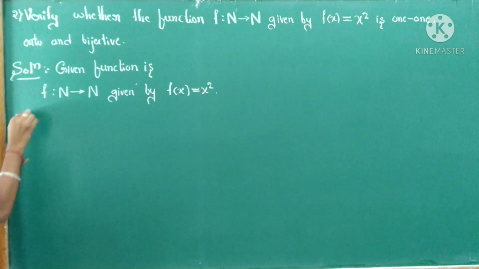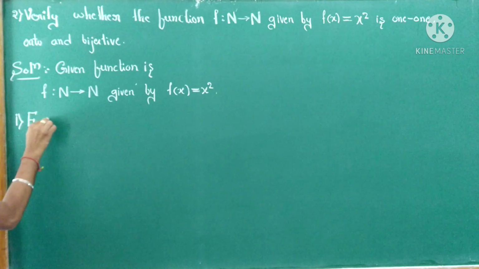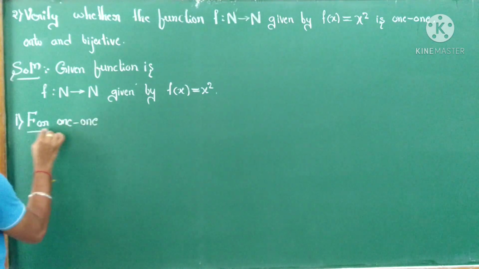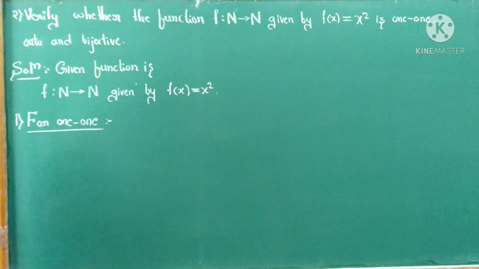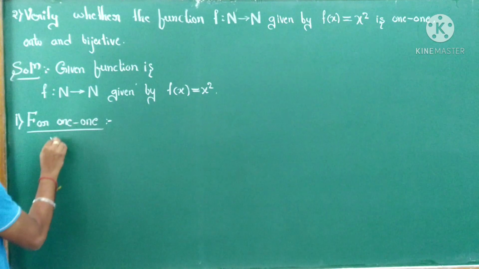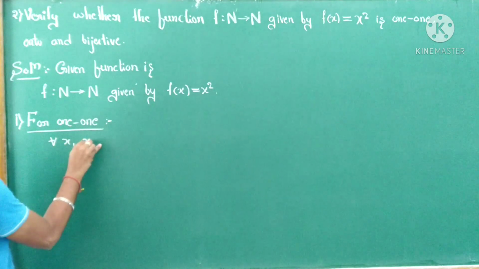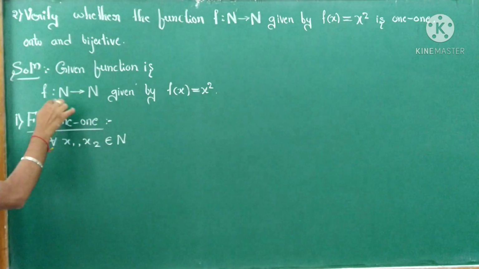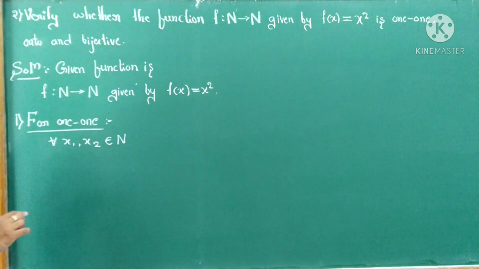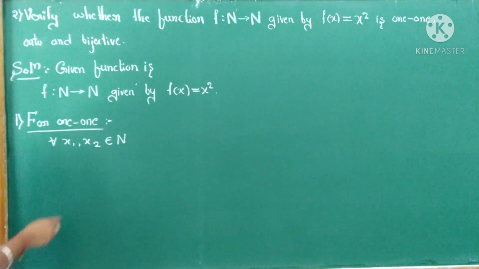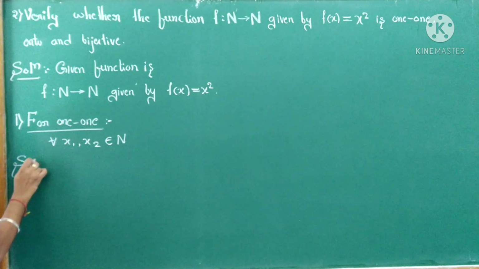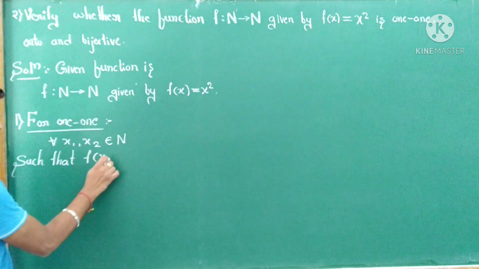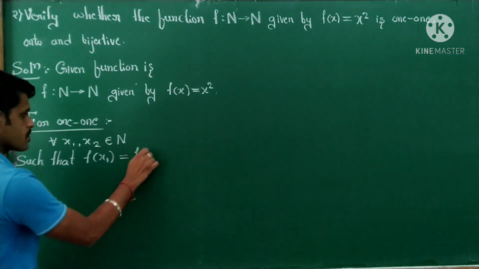First, for one-one: for all x1, x2 belongs to natural numbers N. All the x values belong to the domain part, that is the natural numbers here, such that f of x1 is equal to f of x2.